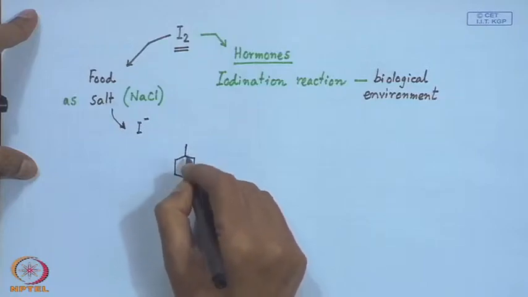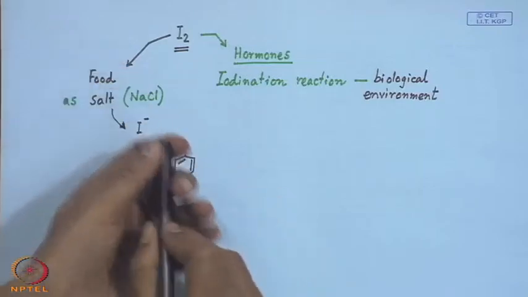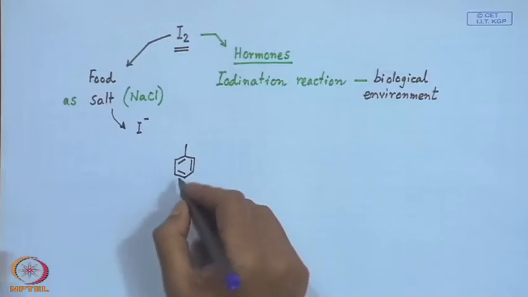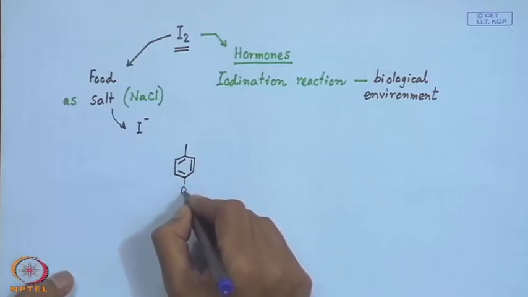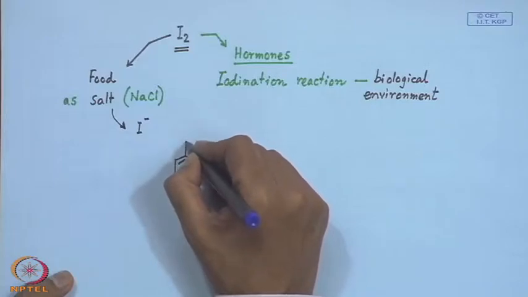So, the tyrosine residue in our hand is basically the very simple amino acid bearing the phenol unit.